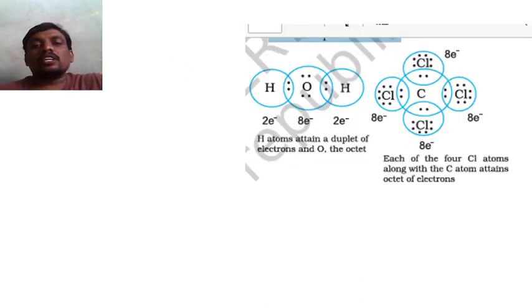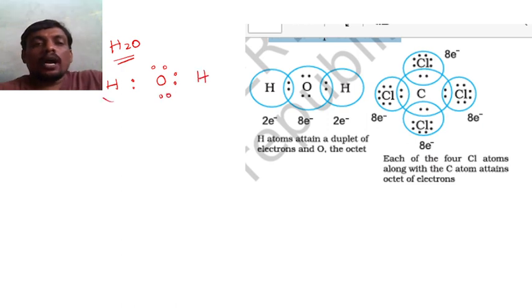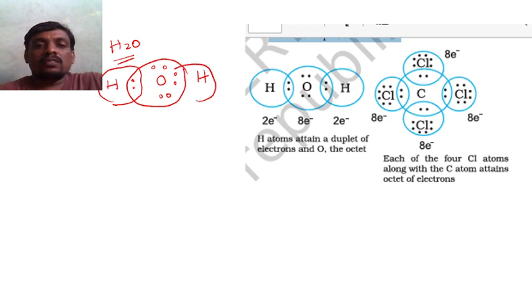One more example I would like to give you: in the case of water, let us take water. How many hydrogens are there here? Two hydrogens are there, each with 1 electron, and let us take the oxygen atom. How many electrons will be there? 8 electrons will be there, and bond formation will occur between one hydrogen and the oxygen. You can see here how oxygen forms a bond with hydrogen, and how another hydrogen forms a bond with this oxygen atom.